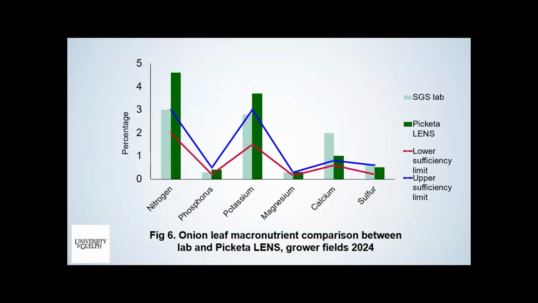As you can see, most of the values that came back from the lab or the Piquetor device were either within this range or above this range. So the trend that we saw from the field here next to us and most of the 5 grower fields were similar.